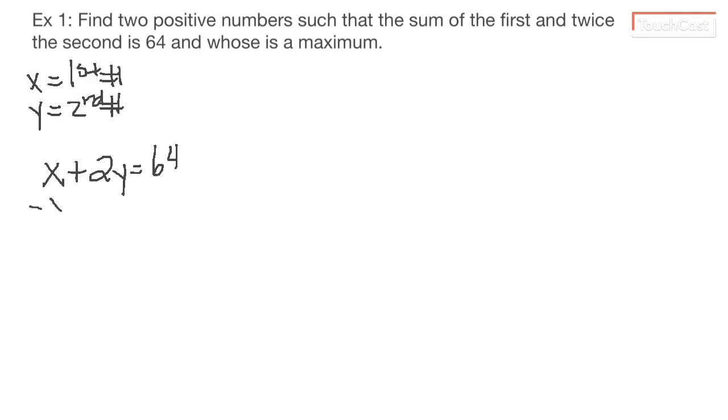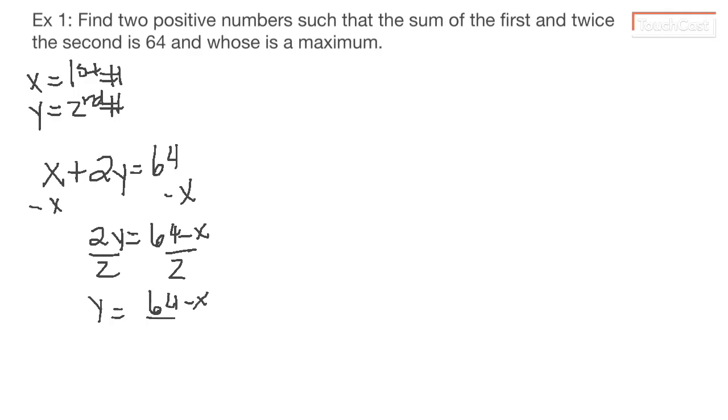So I'm going to subtract x, get 2y equals 64 minus x. Then I'm going to divide everything by 2. So I'm going to get y equals 64 minus x divided by 2. And we can leave it that way for now.